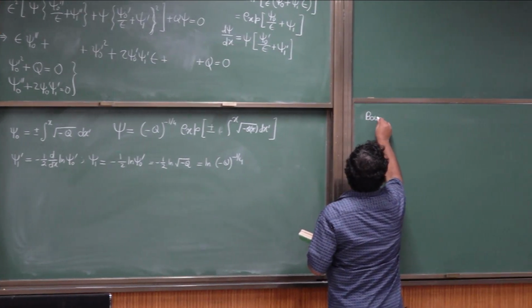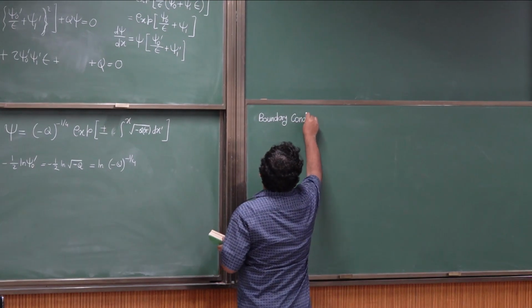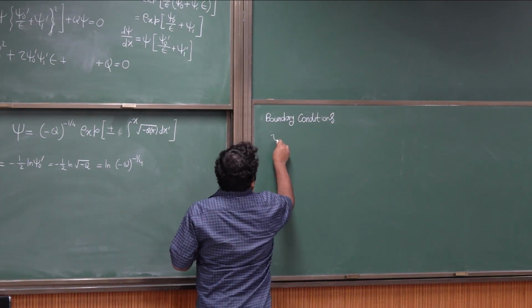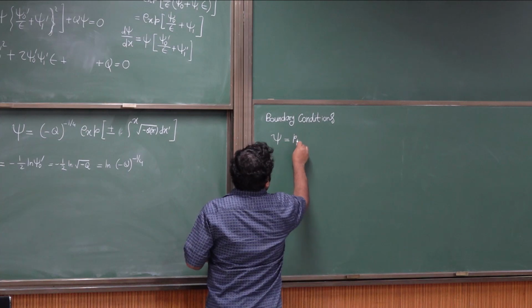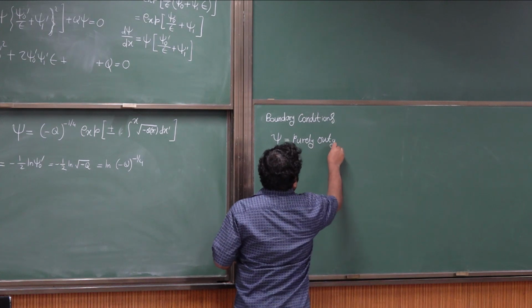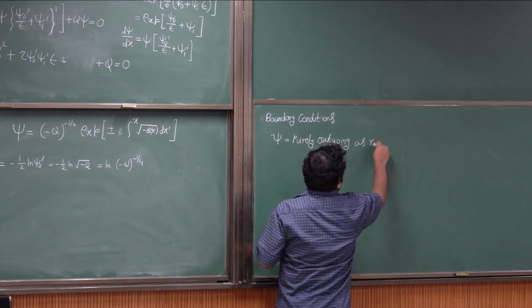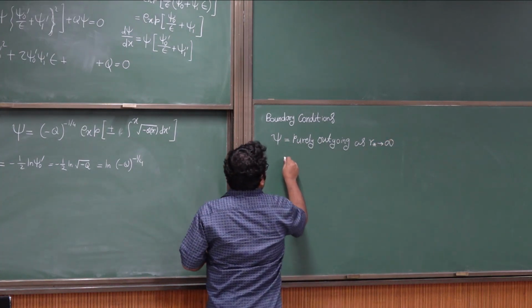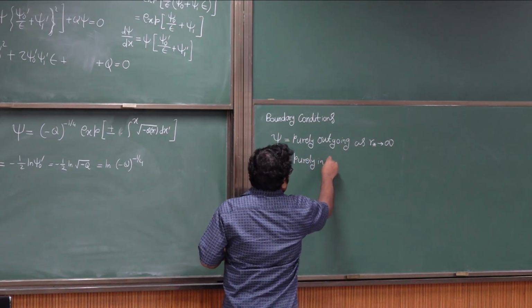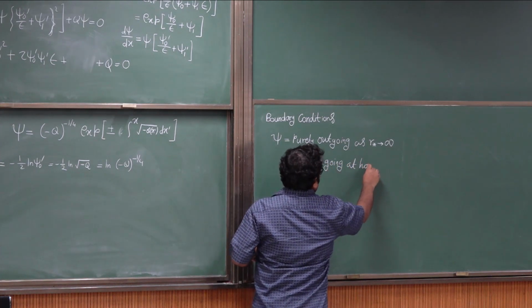So the boundary conditions are psi should be purely outgoing as r star goes to infinity, and psi should be purely ingoing at horizon.